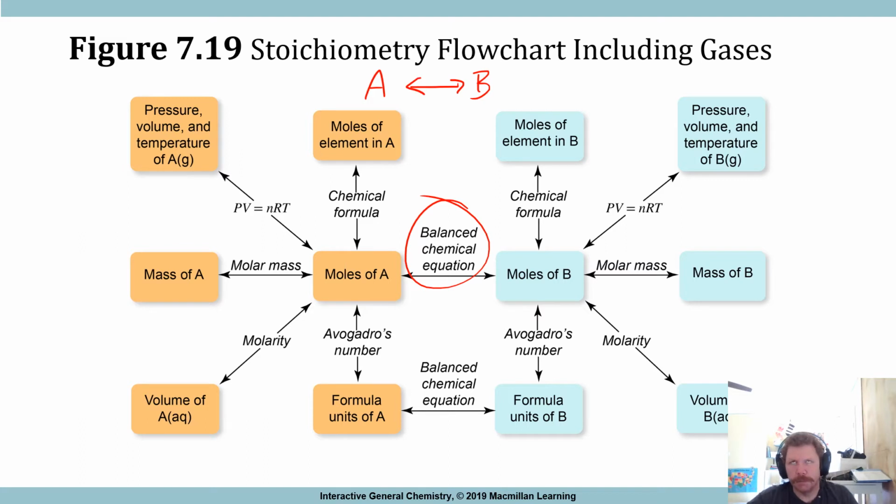Once you have that balanced chemical reaction, then you can figure out the mass of reactant A or the volume of A. How do you do that? By looking at the molar mass and molarity. You can also figure out the moles of A in this sort of question. You can also relate that, with the ideal gas equation, to the pressure, volume, and temperature of A.